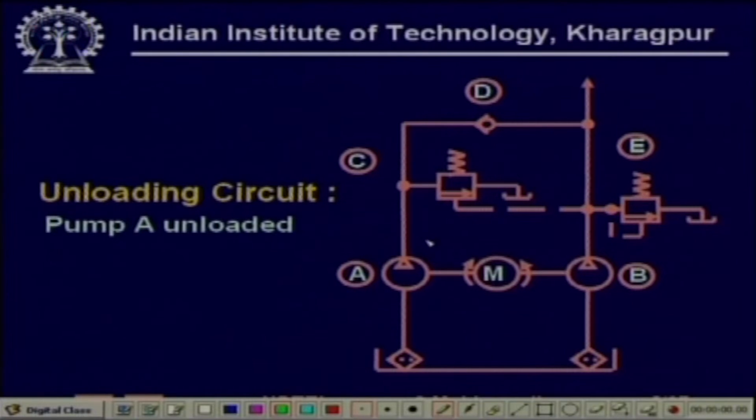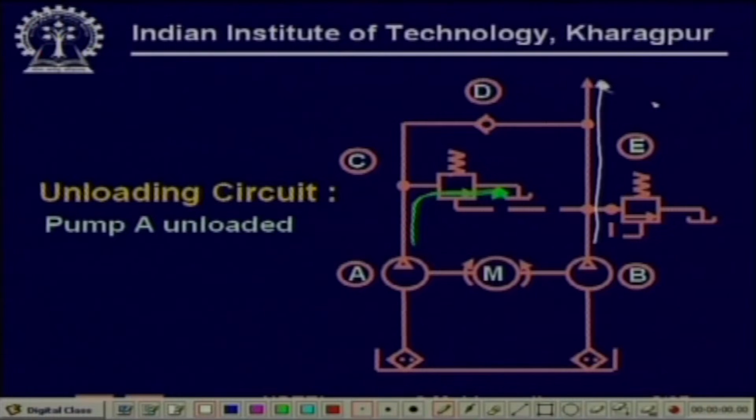So, then when pump A is unloaded, because this relief valve setting has been exceeded, this is the flow rate of the pump, and this pump gets unloaded. Therefore, the power demand on this motor reduces, and now the system is only fed from this flow rate.